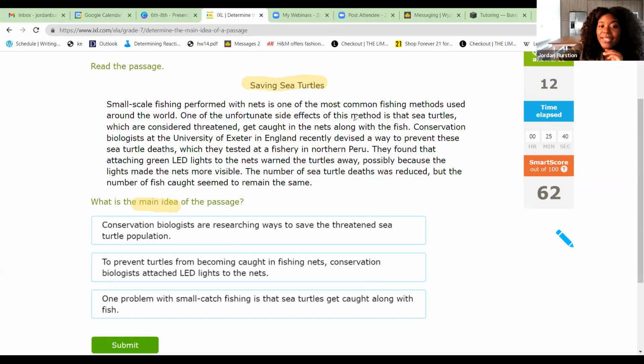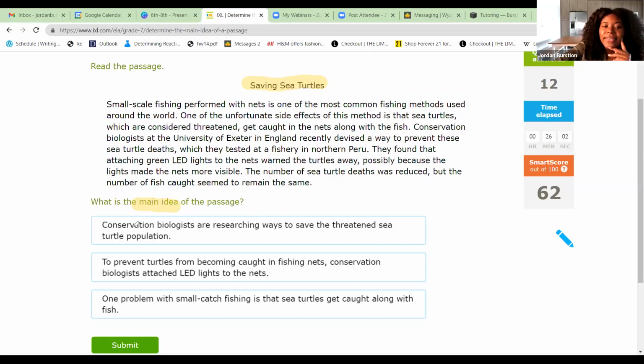They found that attaching green LED lights to the nets warned the turtles away, possibly because the lights made the nets more visible. The number of sea turtle deaths was reduced, but the number of fish caught seemed to remain the same.